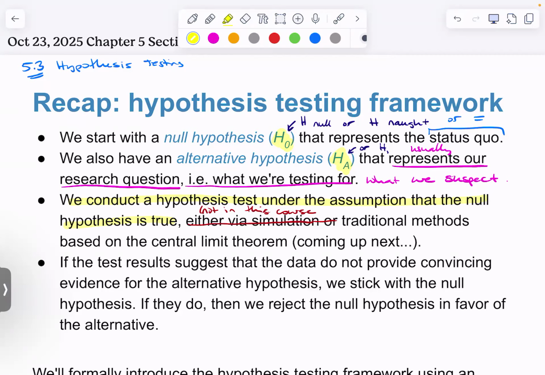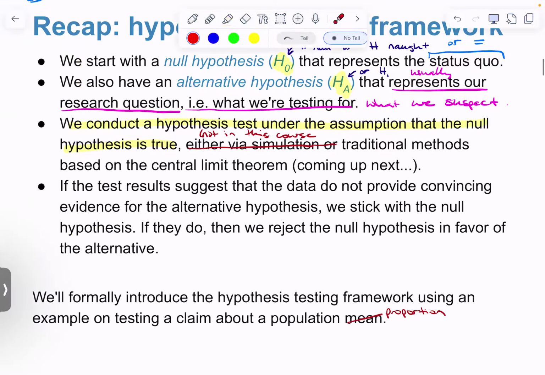And so if the test results suggest that the data do not provide convincing evidence for the alternative hypothesis, then we stick with the null hypothesis. Or, more reasonably, if the data says the probability of this happening, if the null hypothesis is true, is very, very small, then it's more likely that the alternative is true.